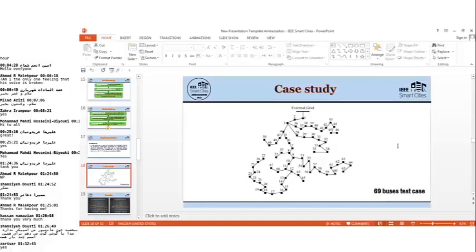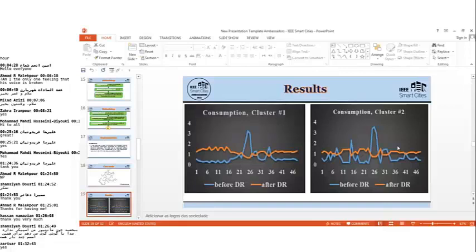Okay, in the next slide, we have the results of implementing the described methodology. As you see, we have two curves, red and blue, which show electricity consumption profiles before and after implementation of demand response for some example clusters.